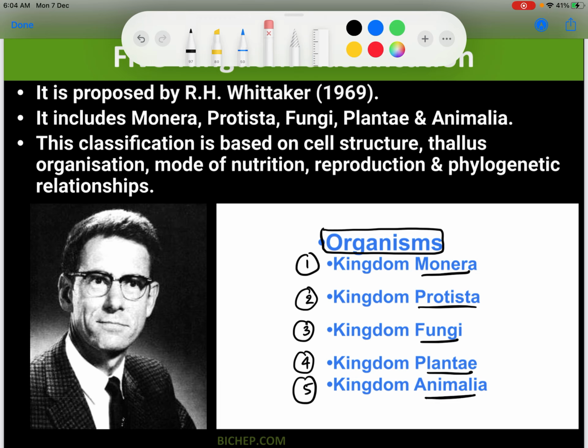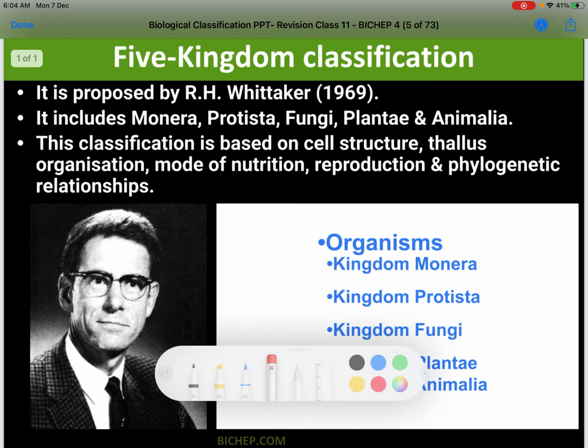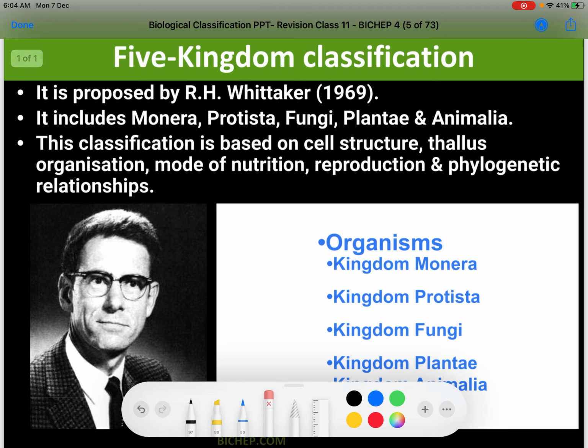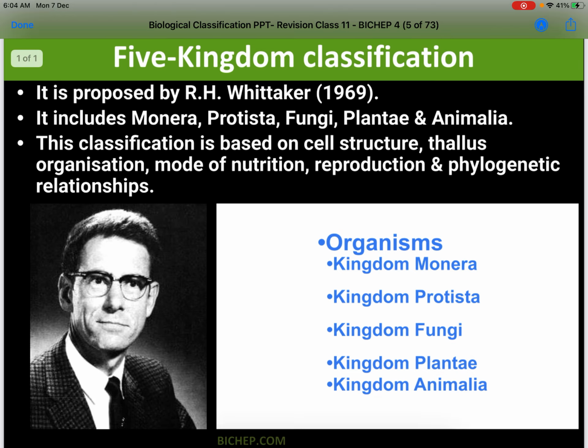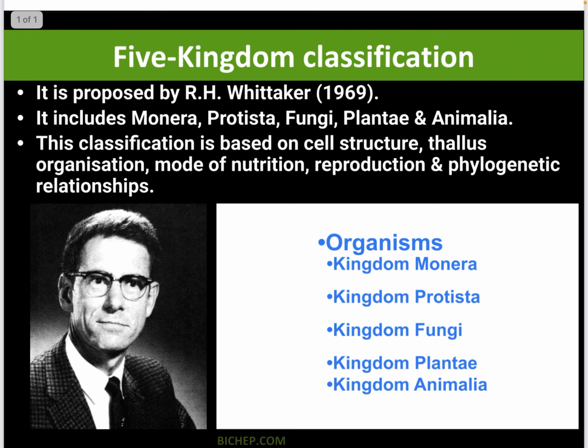So these are called 5 different categories or kingdoms, and due to these 5 kingdoms, this system of classification is termed the 5 kingdom classification. So please take a screenshot of this slide.